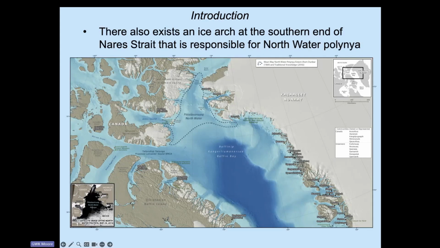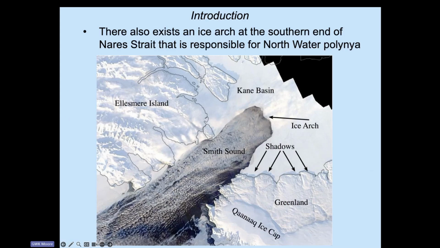At the southern end of Nares Strait, there's a region called the North Water, which is the largest polynya and the most productive polynya in the Arctic. We think that one of the reasons the polynya forms is that one has very strong winds blowing down through Smith Sound here, and those winds just advect the sea ice southwards. Here's a satellite image showing the ice and the polynya.